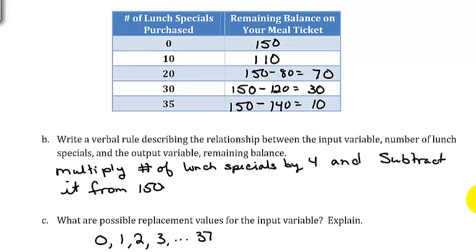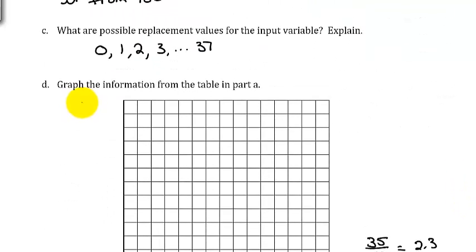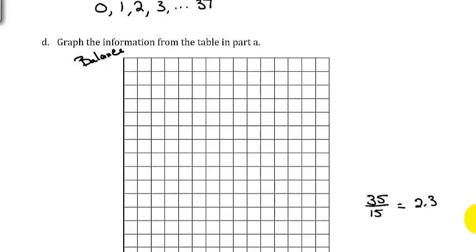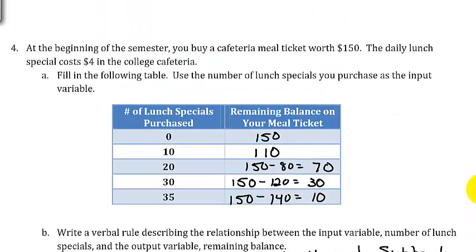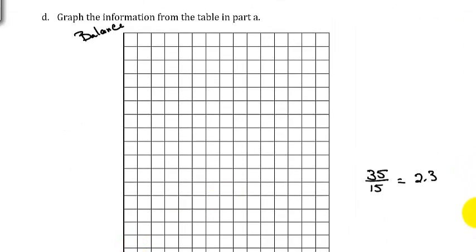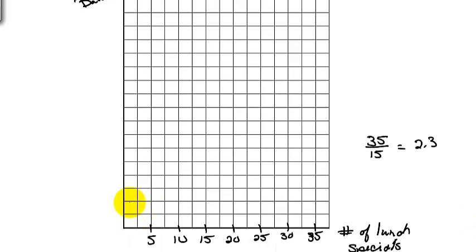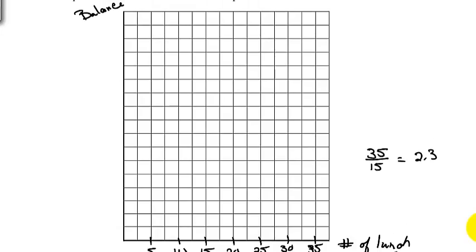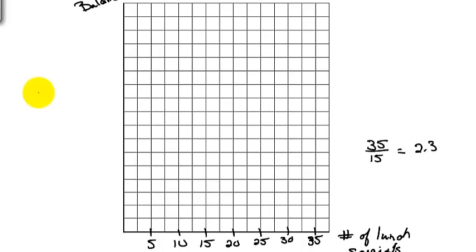And then the remaining balance is going to be on our y-axis, or the vertical axis, and that goes from 0 up to 150. And we have 17 tick marks there.